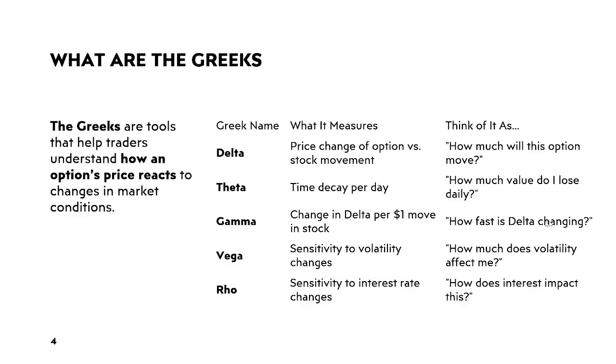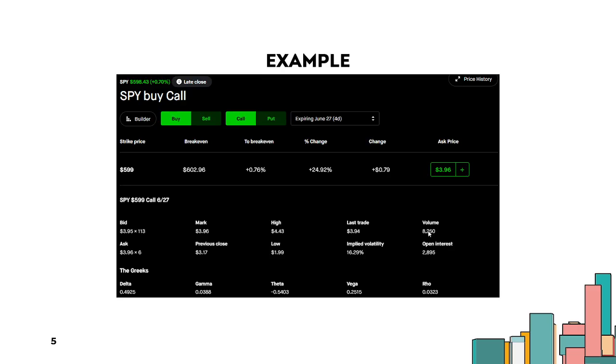And then we can switch over to gamma. Gamma is how fast the delta is changing. You can see that the gamma is very low, 0.0388, right? So it's not moving super fast.